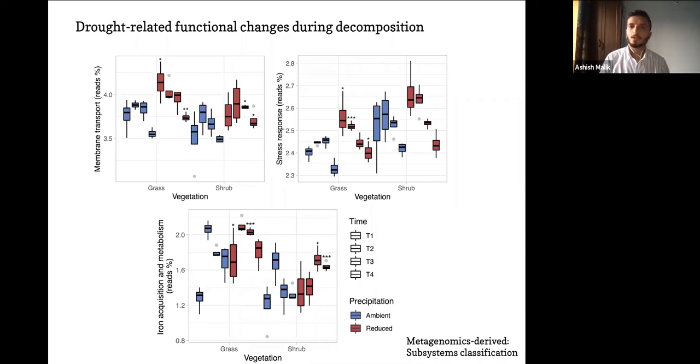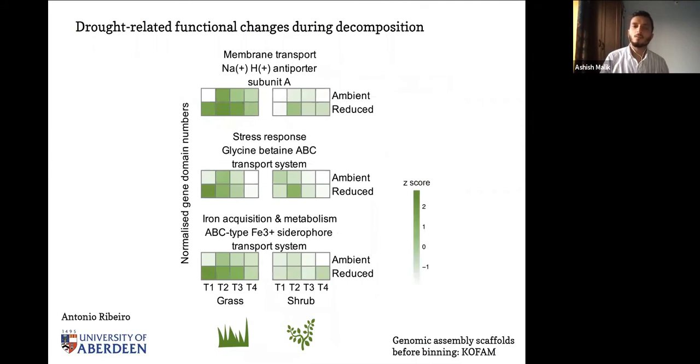So microbes producing stress response, and a lot of this was very much linked to osmolyte production or osmolyte synthesis, so that the microbes could maintain osmolarity in this new drier environment.